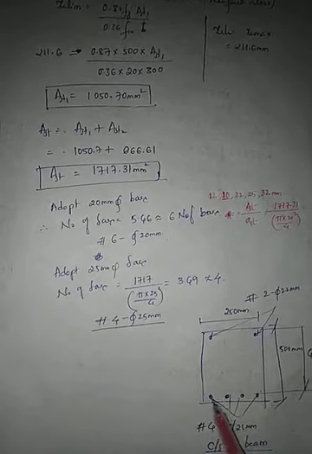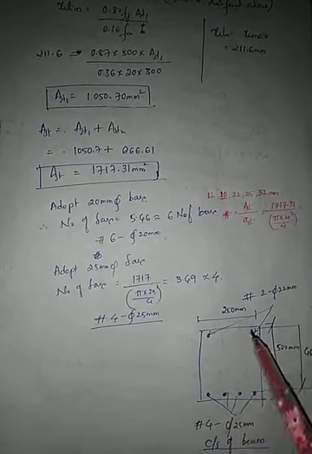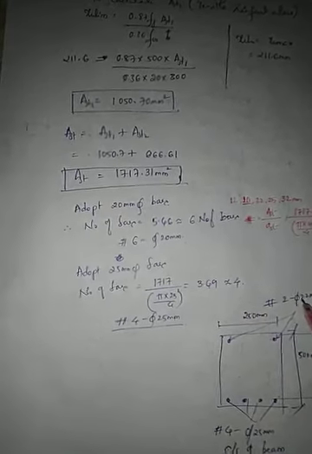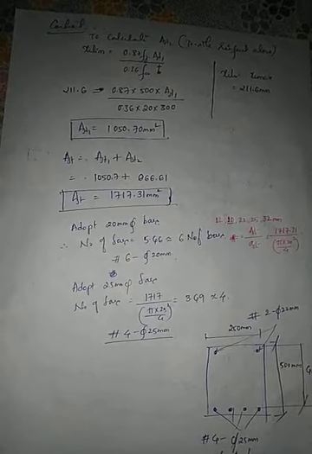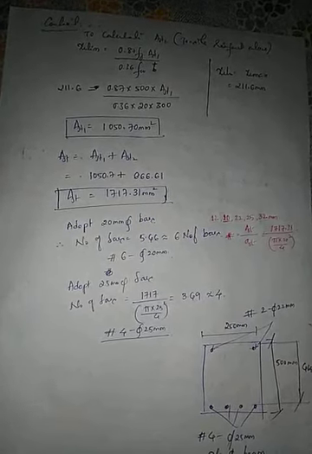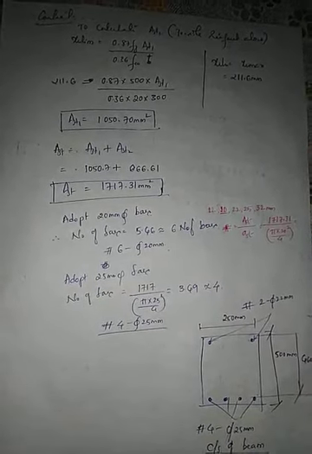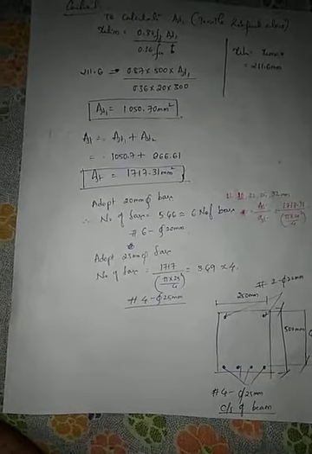At the bottom, 4 numbers of 25 mm dia is provided at the tension face, and 2 numbers of dia 22 is provided at the compression face. Total depth of the section is 500 mm and effective depth is 460 mm. Width of the section is 250 mm. So this is sufficient. So this is about how to solve a doubly reinforced section.